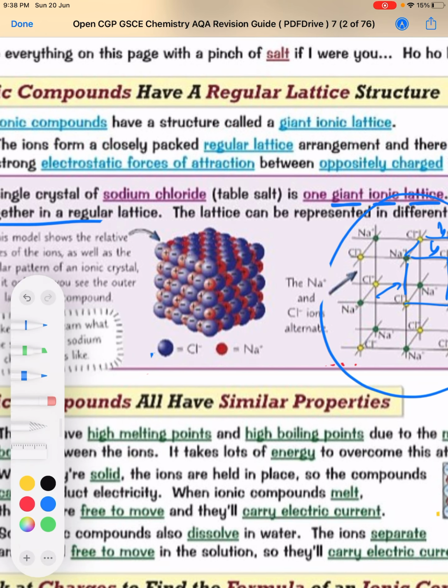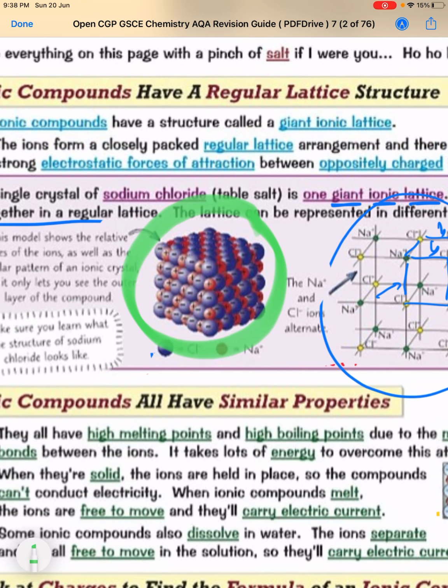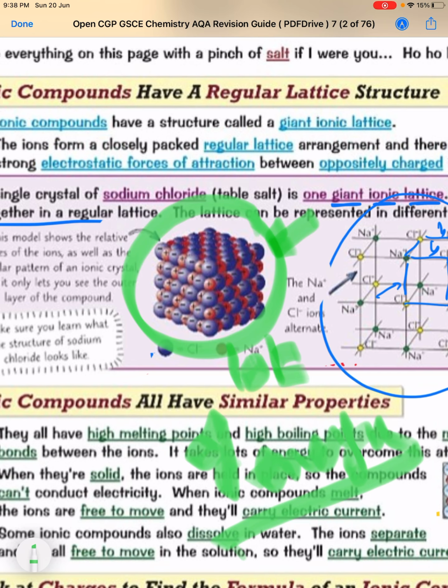That means if I want to melt this lattice, I would need a lot of energy to separate these ions from one another, given that the bond between them is really, really strong.